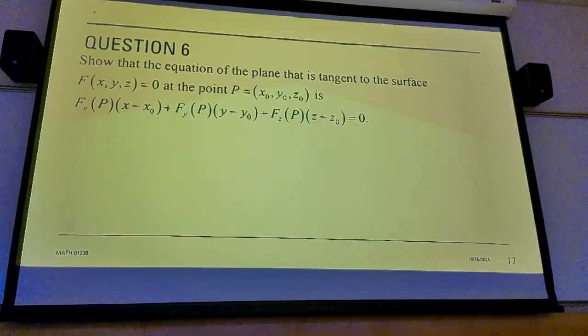So what we're going to do is show that if we're given a surface of the form f of xyz equal to 0, then the tangent plane at the point x0, y0, z0 can be given by that equation right there.